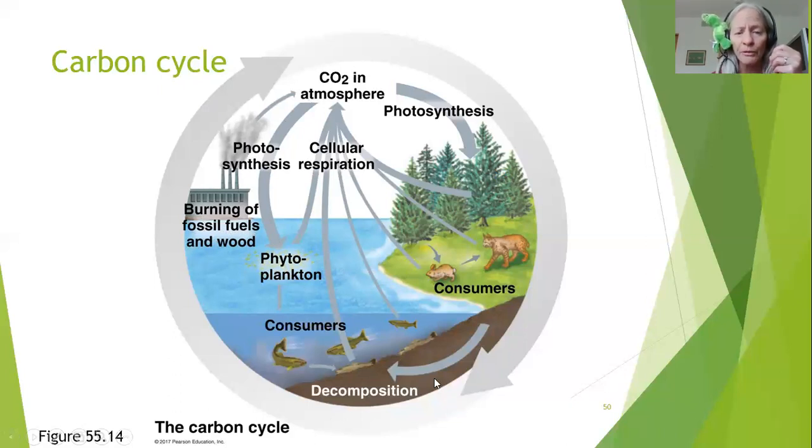So when we burn fossil fuels, coal, oil, natural gas, we're taking an otherwise inaccessible form of this carbon and we are releasing it out to the atmosphere. So that really changes this whole carbon cycle. And the result is that we have more and more carbon dioxide in the atmosphere because we are releasing more from the soil than our producers are able to take in by photosynthesis. So that's the carbon cycle.